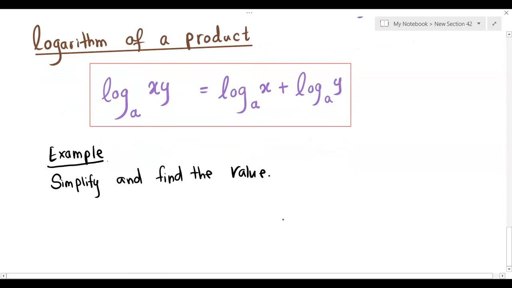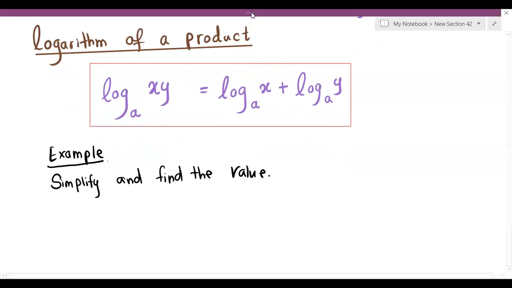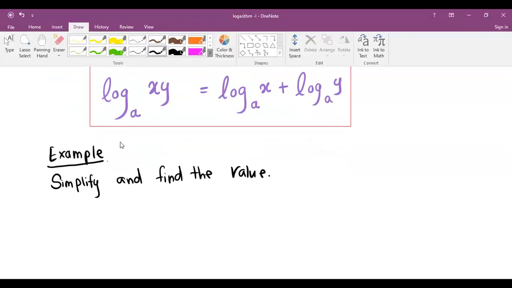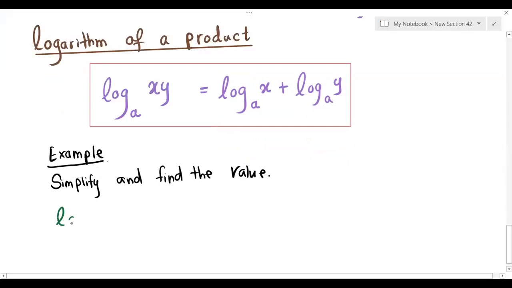If you have been given an expression like this, then here you can see the bases are the same, no? So now it is an addition.